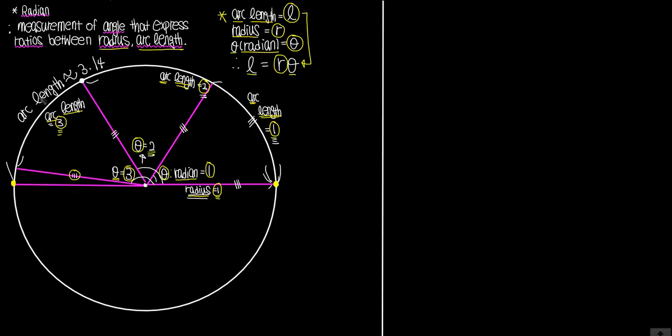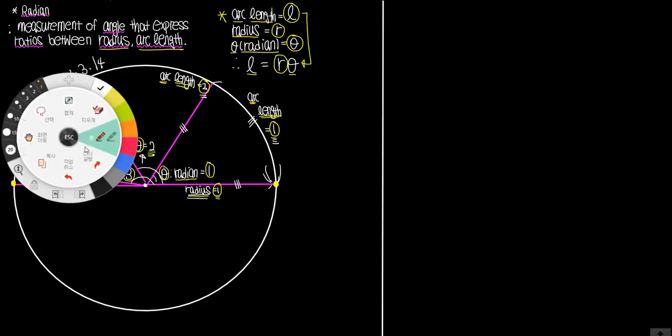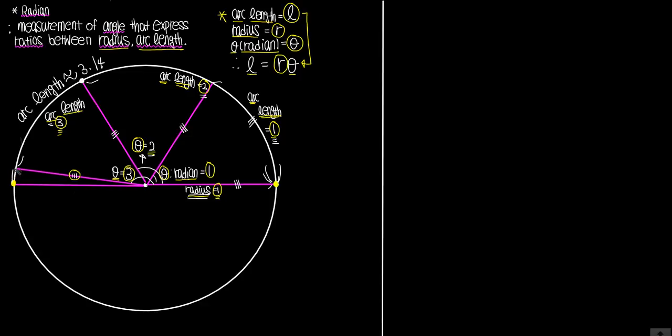The arc length of 3.14 is the semicircle from here all the way down to here. The reason it is 3.14 is that if it increased to 3 times larger, from here all the way down to here, that is 3 times the arc length than when it was 1 originally.